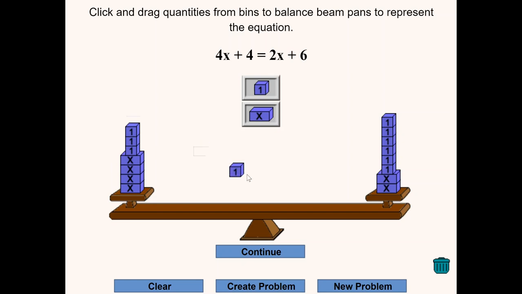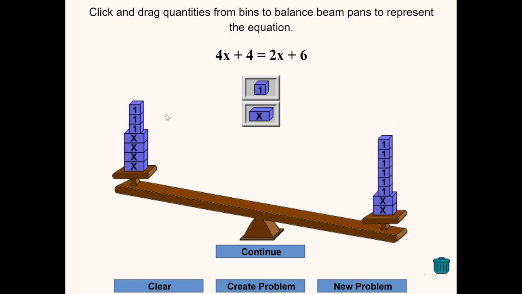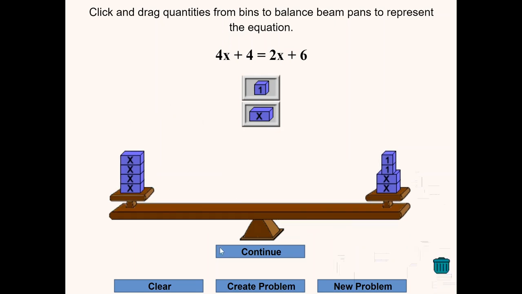And I do that by getting rid of 4 ones, but the thing is, now the balance scale is tipped to the right. So keep in mind that we just got rid of 4 ones on the left side. Then to keep it balanced, I have to get rid of 4 ones on the right side as well. Then it is balanced.